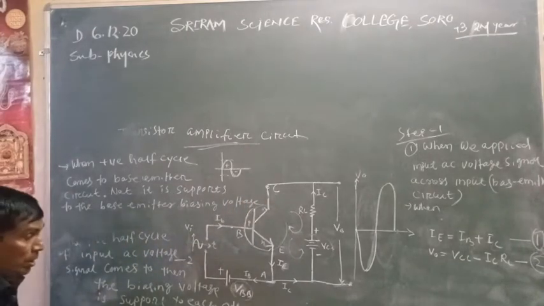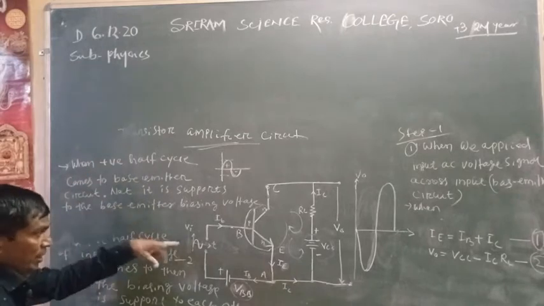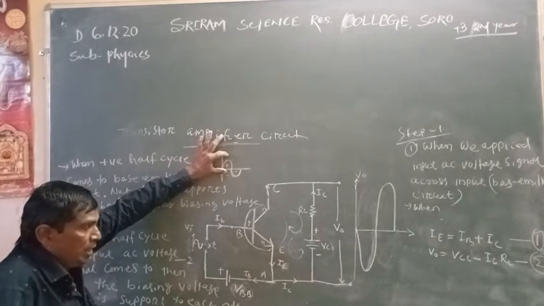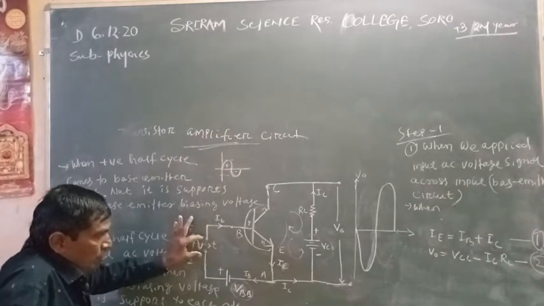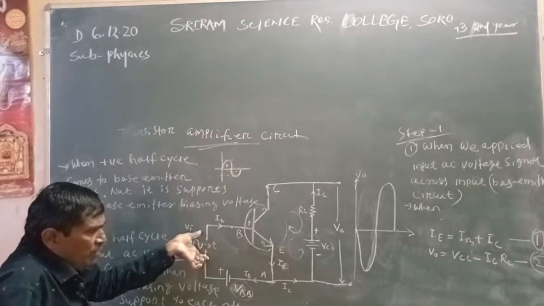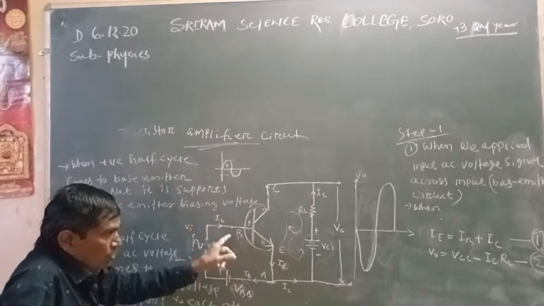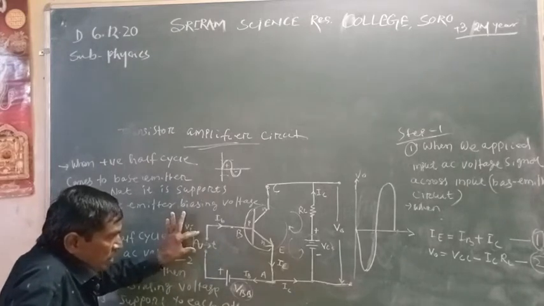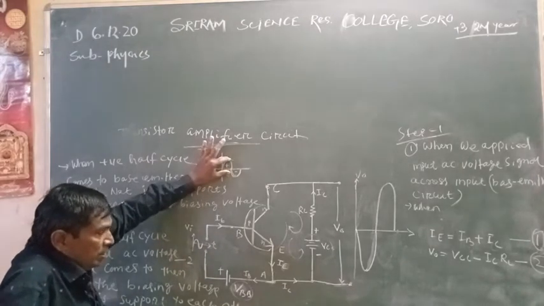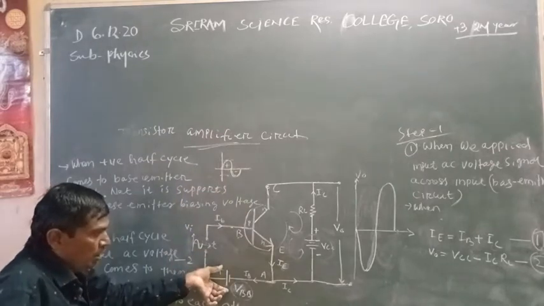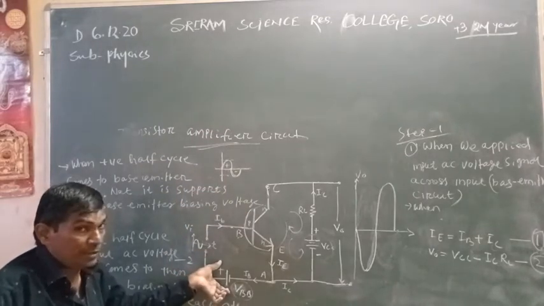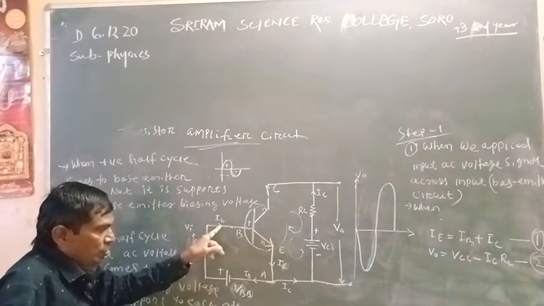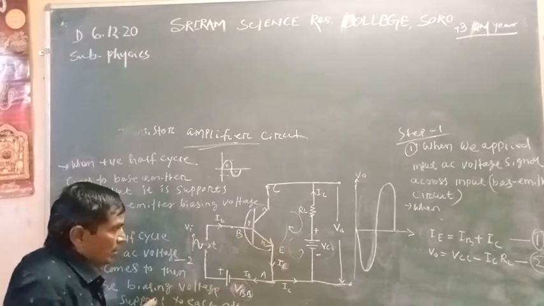That means when the positive voltage of the signal comes to the input circuit, meaning the base emitter junction, this positive signal voltage supports the base emitter battery voltage. Now the base emitter junction will have more forward biasing voltage.